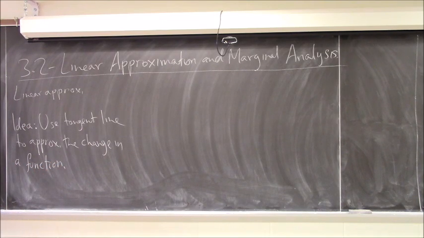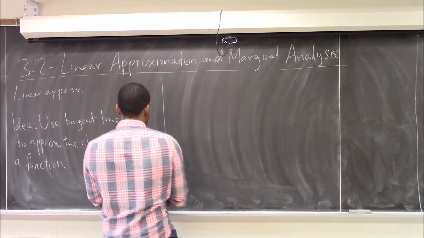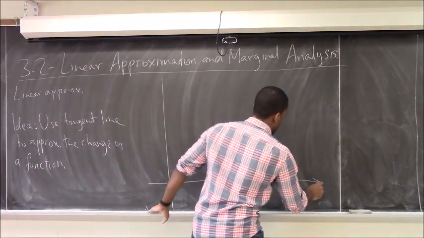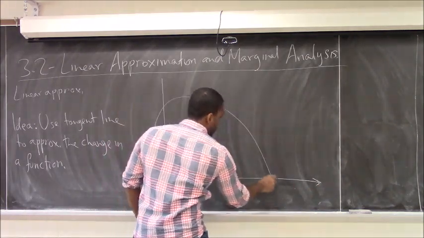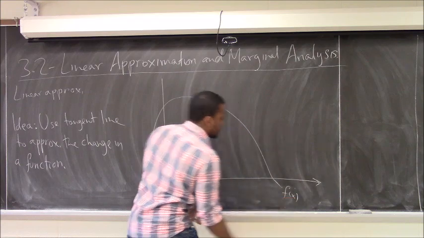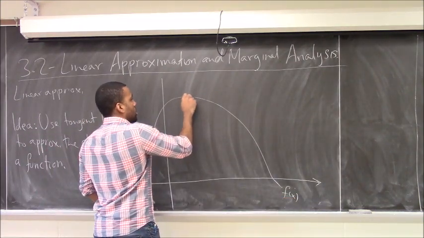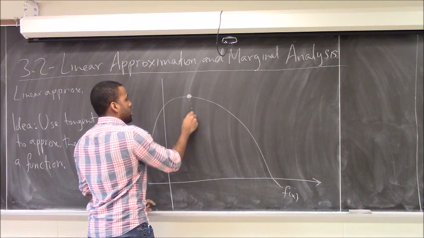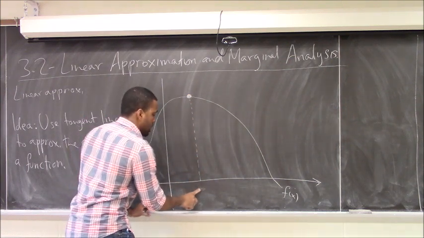Of course, you want to do this when dealing with the function itself is kind of annoying, but here's the picture of why something like this would be useful. Let's say this is my function, it's doing this thing over here, that's your f of x. Here's one point that I currently know what's going on, where x equals a.